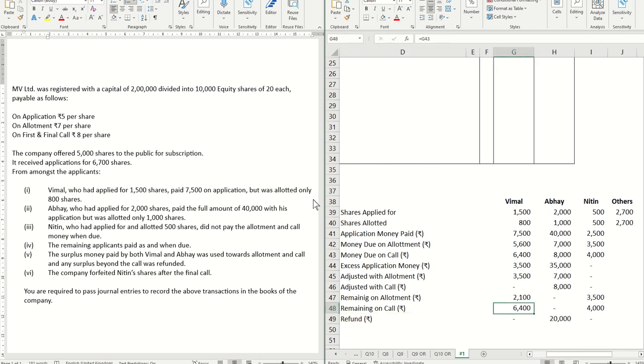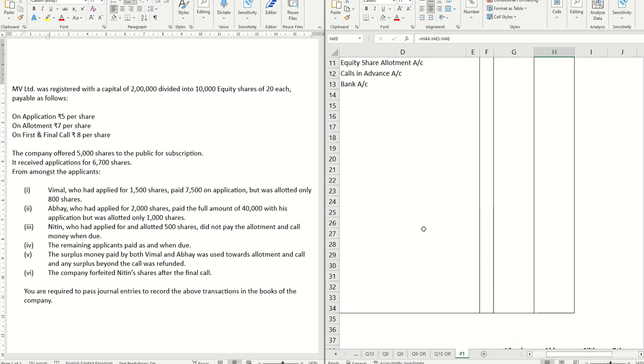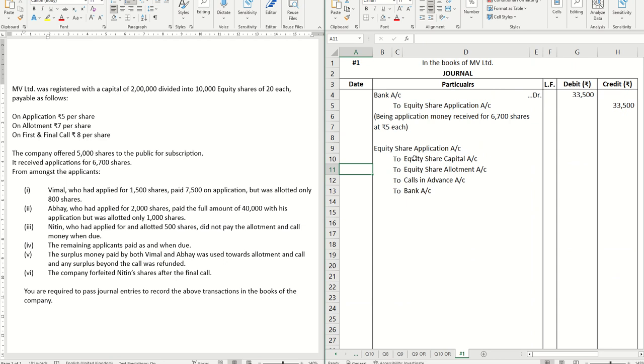So let's come back to our journal. If you see here, adjusted with allotment, we have these two figures which come to 10,500. So we will write this, and adjusted with call is 8,000. This will go against calls in advance. 20,000 will go against bank account. So let's go here. Equity share allotment account.